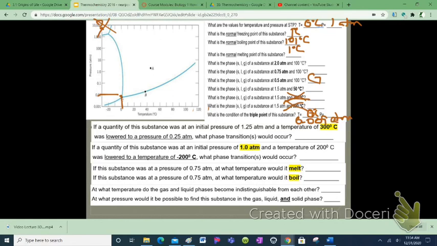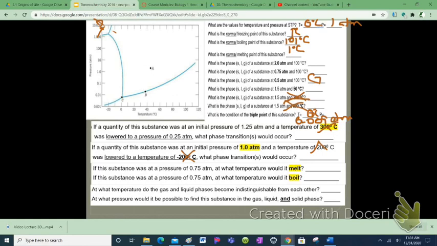Okay, let me see. This is a question about 300 degrees Celsius. We don't have it because we only go up to 120. And this is negative 200 degrees Celsius. Doesn't matter because we don't have that or the 200, so we don't need to look at that. But what we can look at is if this substance was at 0.75, what temperature would it melt?